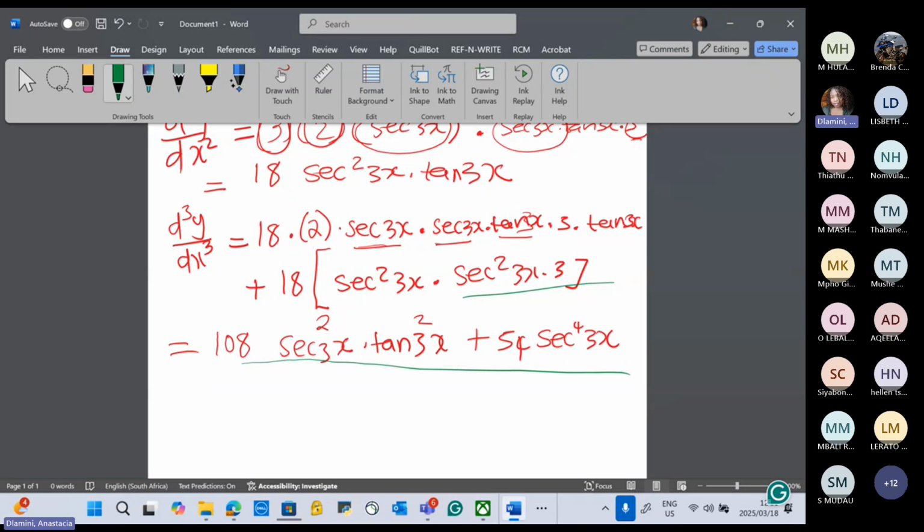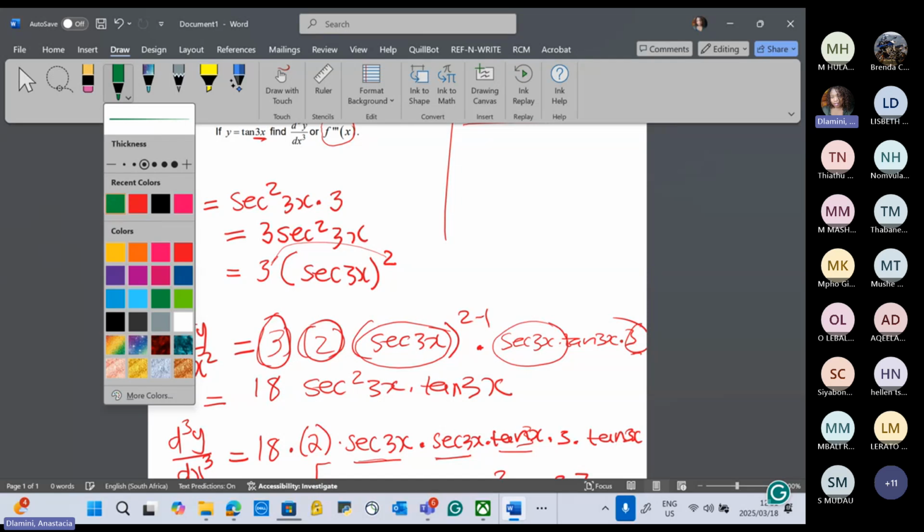And you can see 54 plus 108, what do you get? 162. So which one are we changing so that we get the 162? The one on the right.